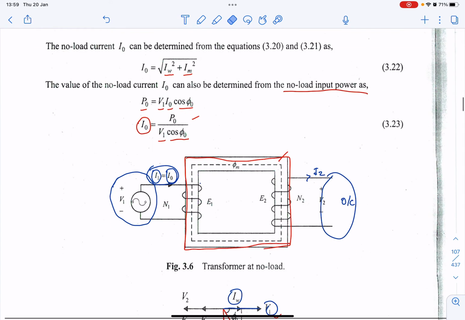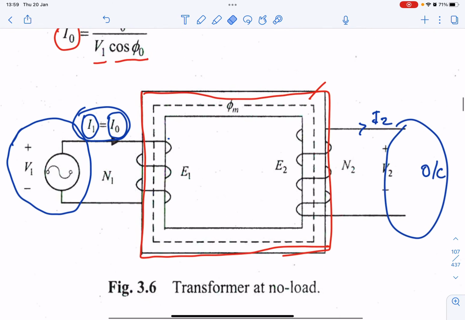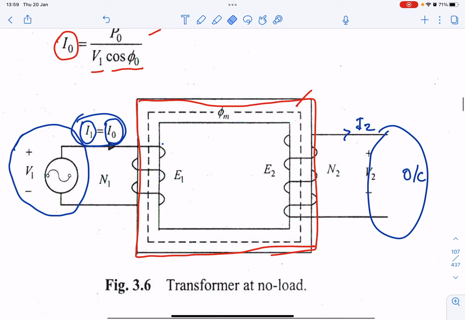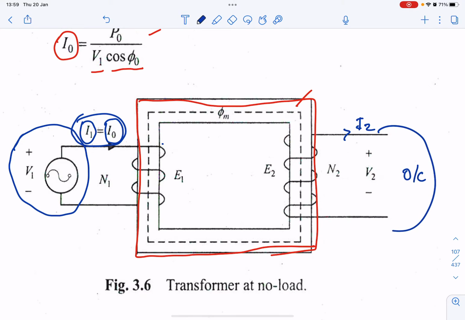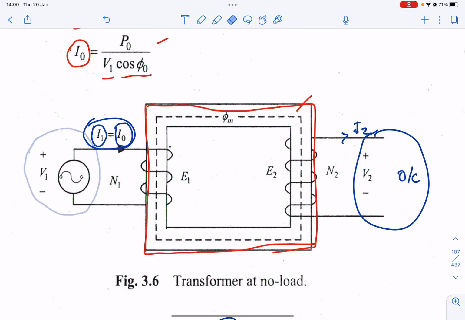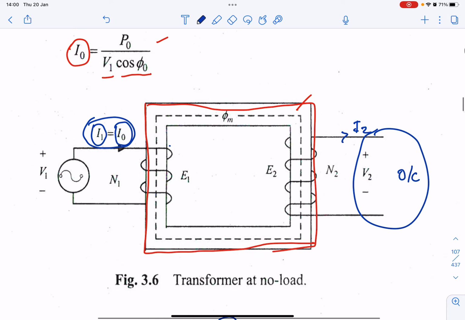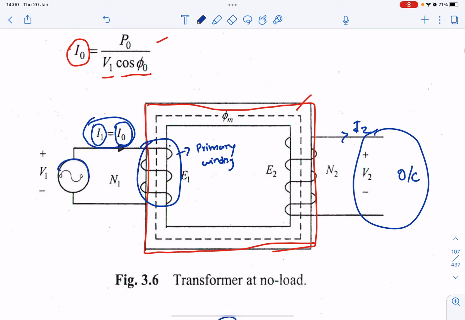Okay, so if you look at this diagram, since here is open circuit, you know that the secondary side is open circuit. So you supply the primary winding, this is what we call the primary winding, with the alternating voltage V1.